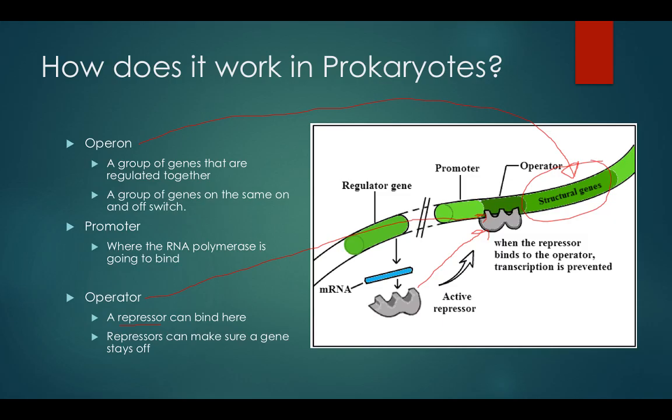What will happen is that if the RNA polymerase comes down here and binds onto the promoter, it's not going to be able to go this way because this big thing is in the way. So an operator basically acts like the off switch. If the repressor goes to the operator, then done. It's not going to make that protein.